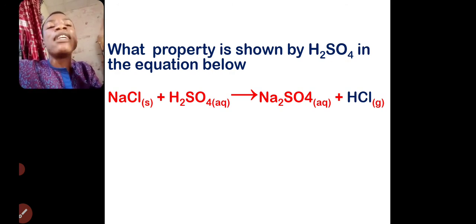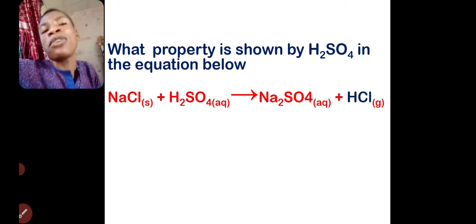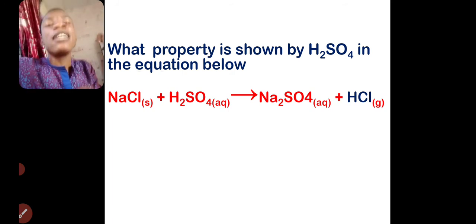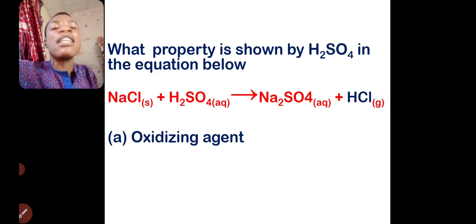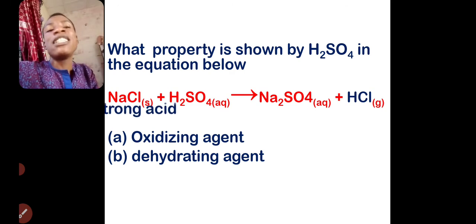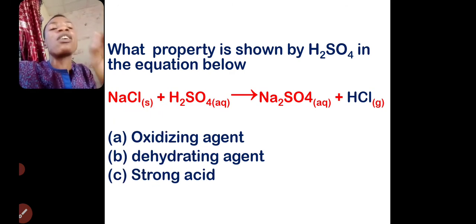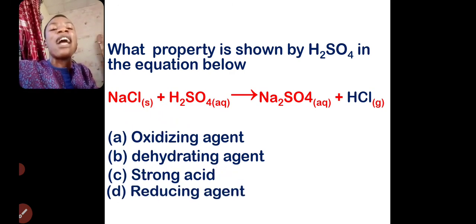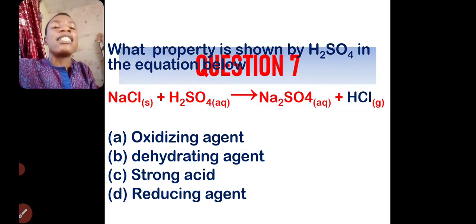Why is it able to undergo this reaction and produce HCl from NaCl? Is it acting as an oxidizing agent? Is it behaving as a dehydrating agent? Is it behaving as a strong acid? Is it behaving as a reducing agent? That's our question number 7.